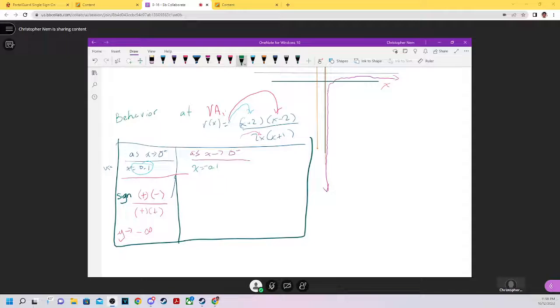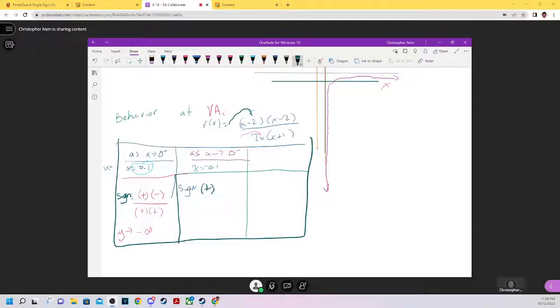If I plug negative 0.1 into my function, let's check the sign of it. If I plug into this first one, negative 0.1 plus 2, that's still positive because 2 is bigger than negative 0.1. So I have positive for my first sign.